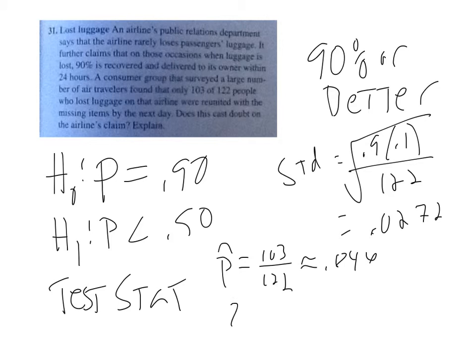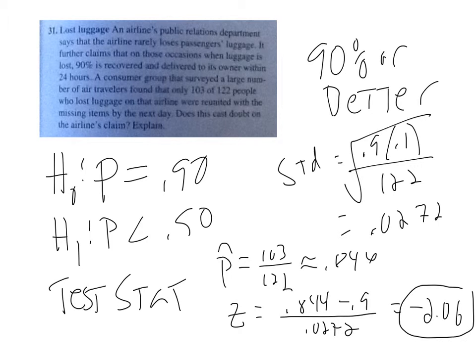To get the z-score, we do 0.844 minus 0.9, all over 0.0272. I got negative 2.058, so negative 2.06, which is the exact same z-score we got when we treated this as the normal approximation for the binomial distribution in the very first problem. So you see how it's all related.